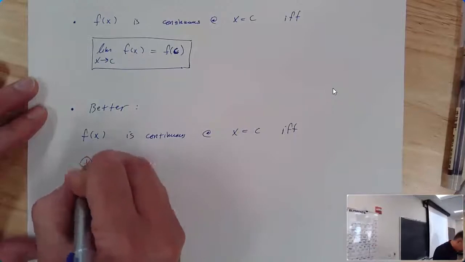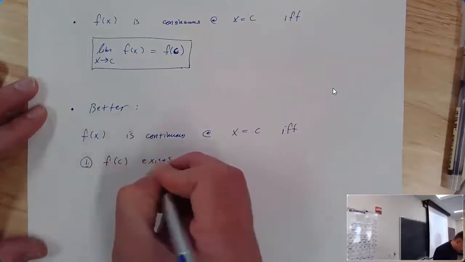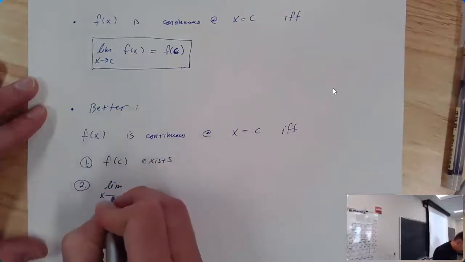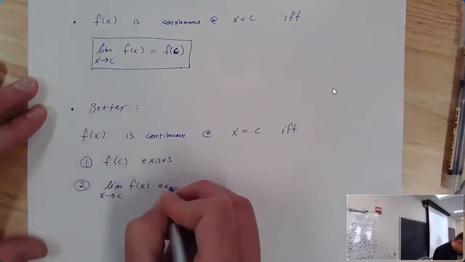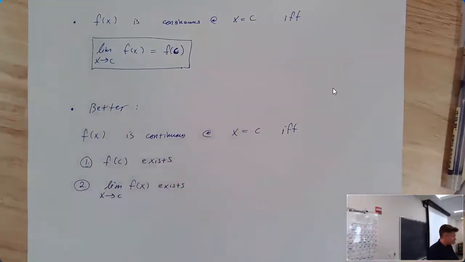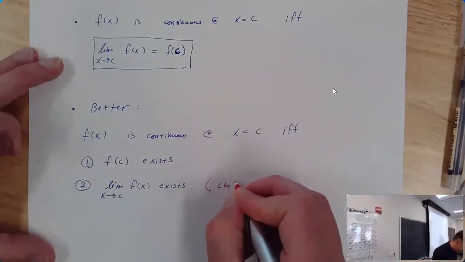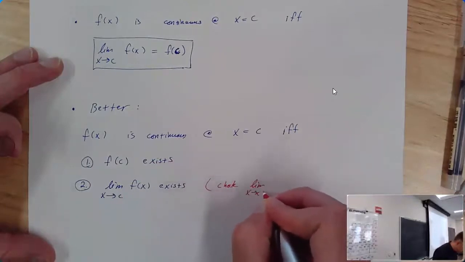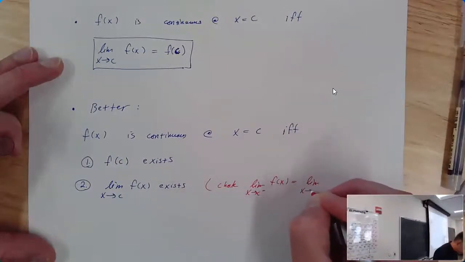First, you check thing one: f of c exists. Then you check thing two: the limit as x approaches c of f of x exists. Often, especially for piecewise functions, this will mean checking that the left side and the right side have the same value, so that the limit as x approaches c from the left is equal to the limit as x approaches c from the right.